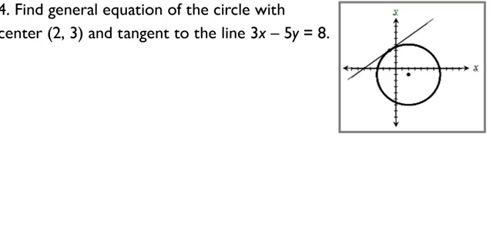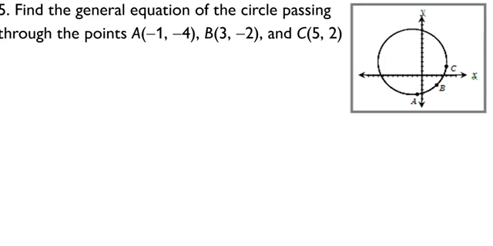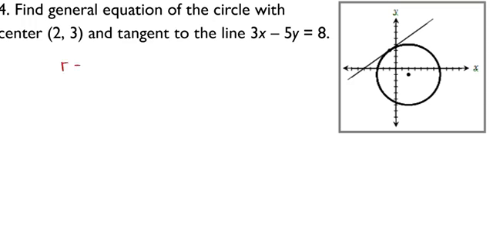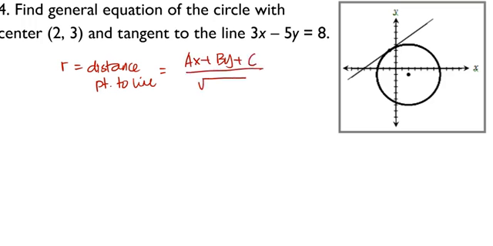Do you still remember how to solve for the distance between a point and a line? So how do you solve for that? Isn't it that to get the radius, that's actually the distance from point to line, which is (ax plus by plus c) all over the square root of a squared plus b squared.